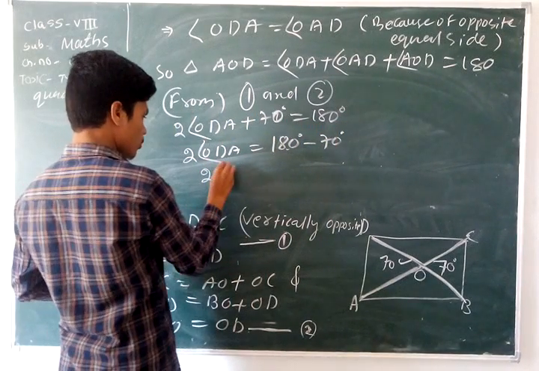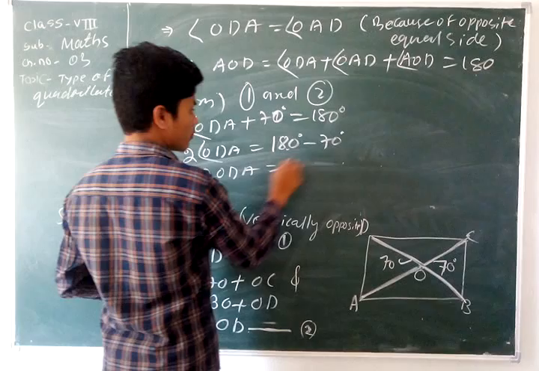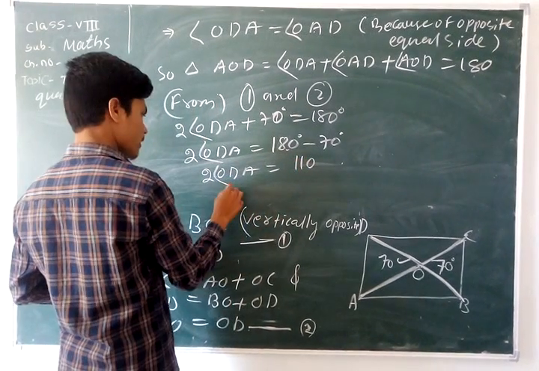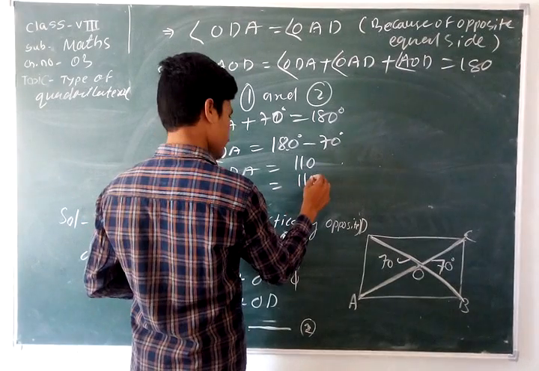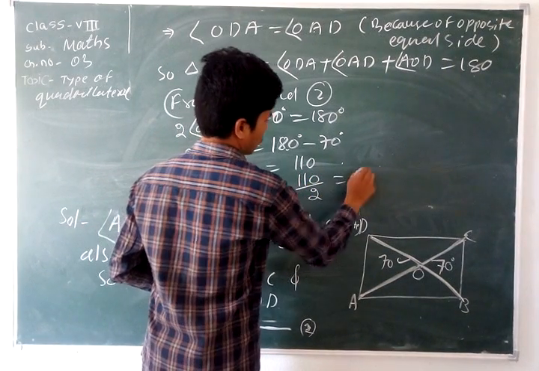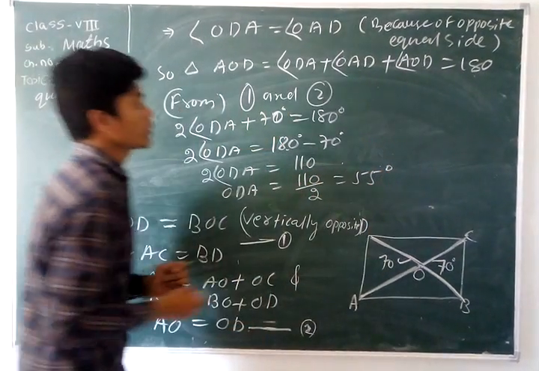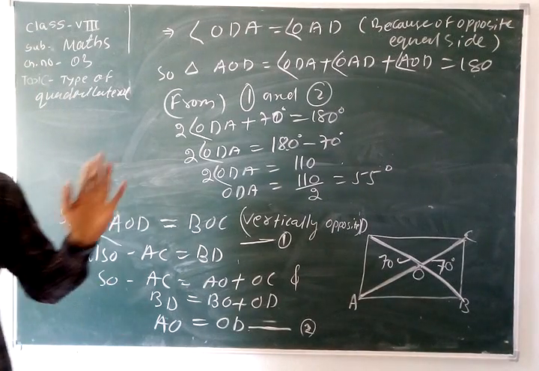Then 2 ODA equal to 110. ODA equal to 110 by 2 equal to 55 degrees. When you got the answer, what is the question? What was the asked question?